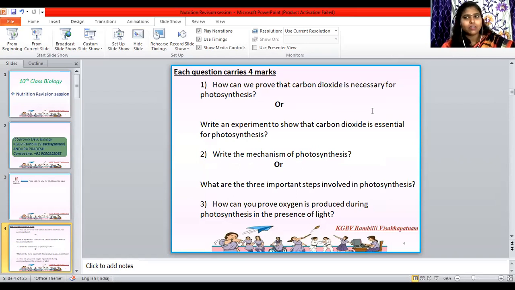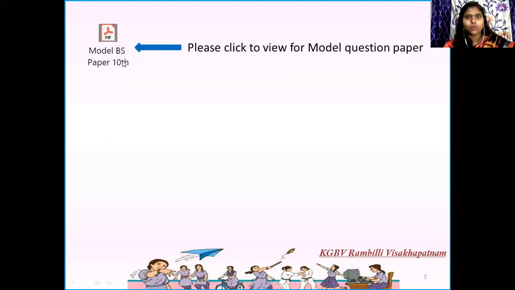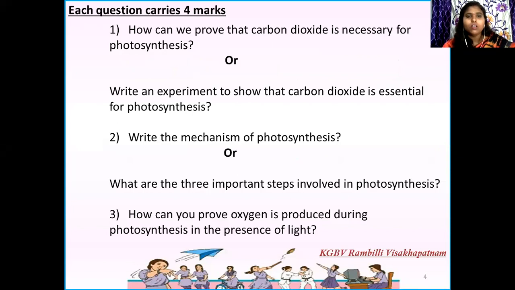They can ask in both ways. We know very well that for any activity in science, first of all we have to write the aim, then requirements, procedure, observations, inference, and lastly precautions.